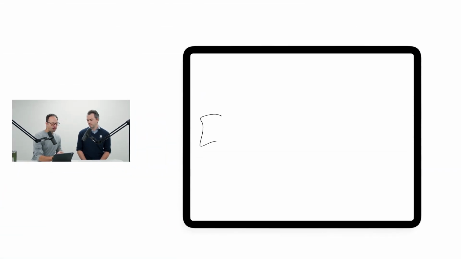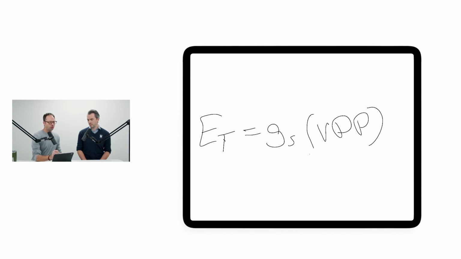And we can look at stomatal conductance as kind of how much water the plant can lose, right? So we typically express water loss as ET, and it's going to equal the stomatal conductance times the vapor pressure deficit, right? Yeah.